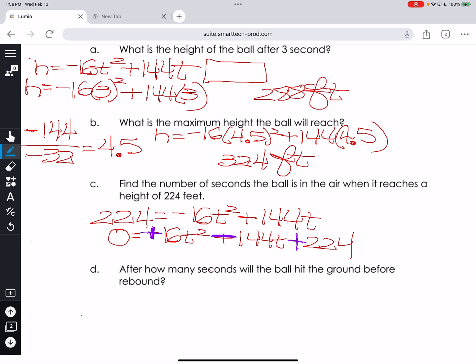What was the very first thing that I told y'all to always ask before you factor? GCF. We are hoping to have a lead coefficient of 1. That would make it so much easier. So check and see if 16 will go into both of the numbers.